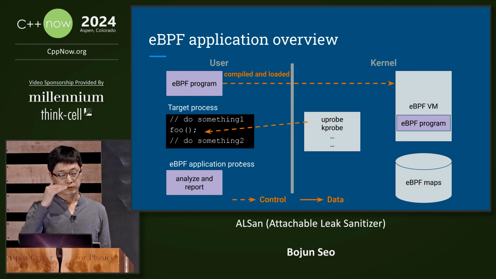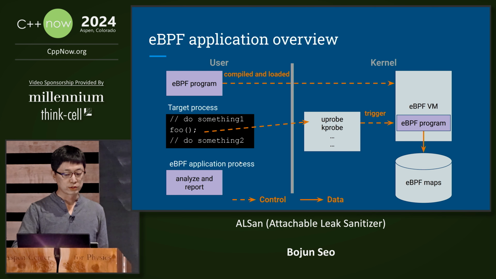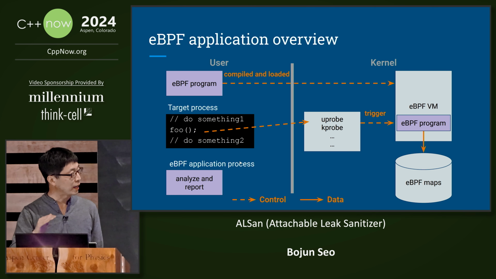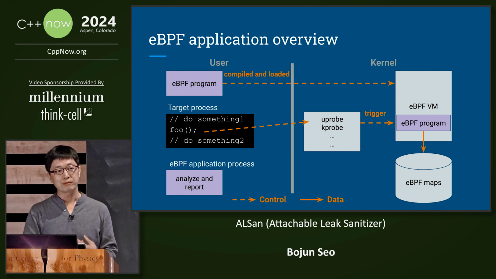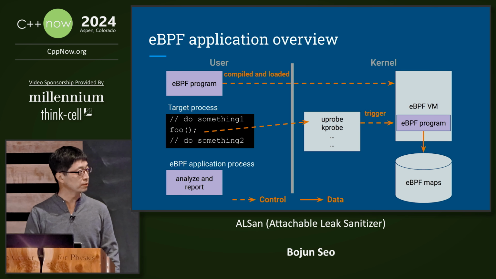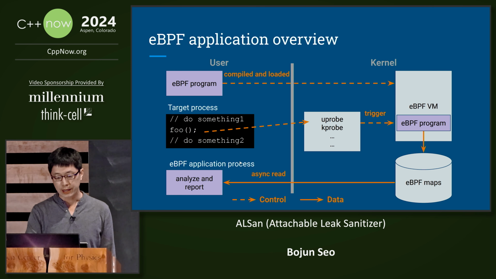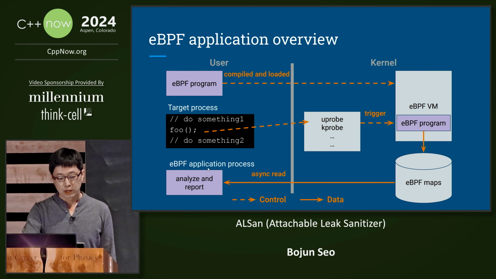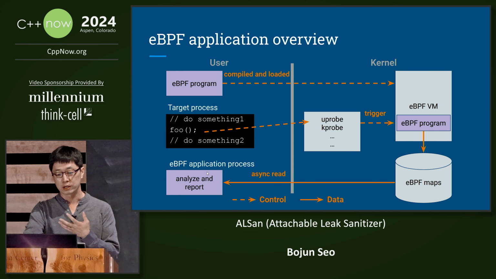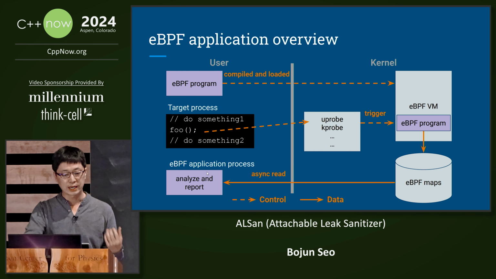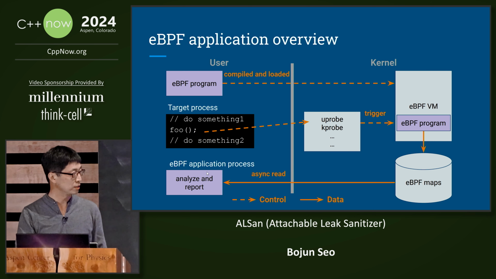If the target process calls this function, it will trigger the eBPF program that is loaded, and that eBPF program will save information as it wants. And this analyze and report part can read the saved information and analyze and report whatever it wants.